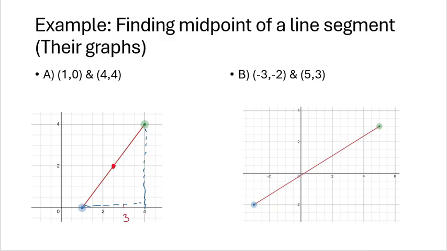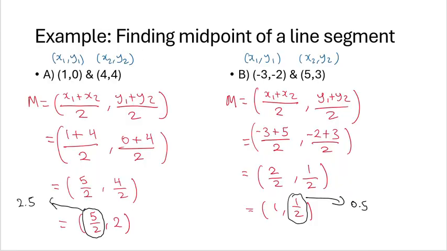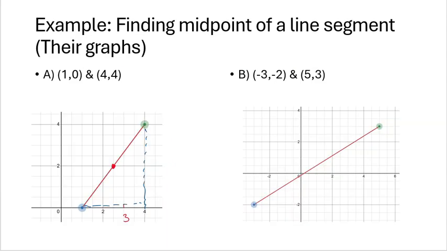Now, (-3, -2) and (5, 3). Let's have a look, what's our midpoint again? It was 1.5. So let's find where 1 is. Let's check our scaling real quick. That's 1 right there, that's 3, that's 5. On my y-axis, I can see that this is +1, and halfway is somewhere there.